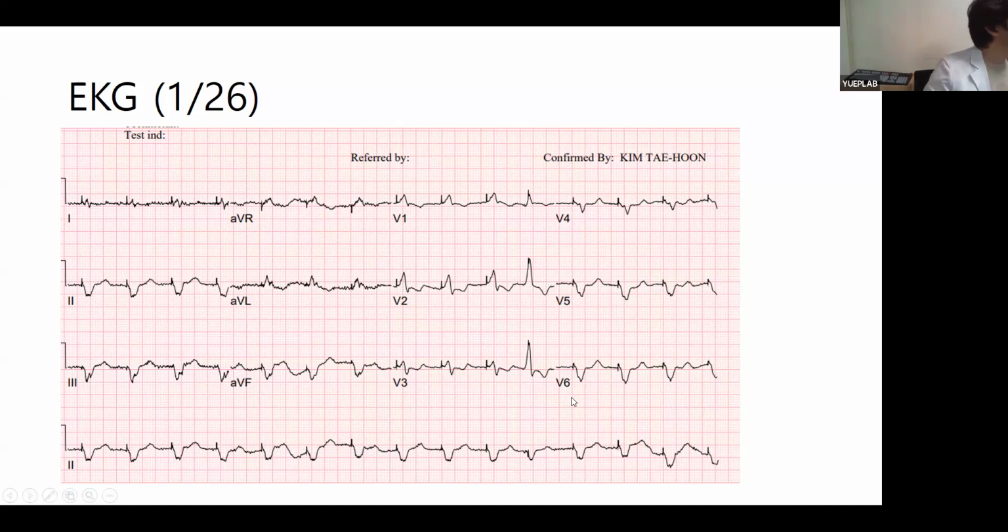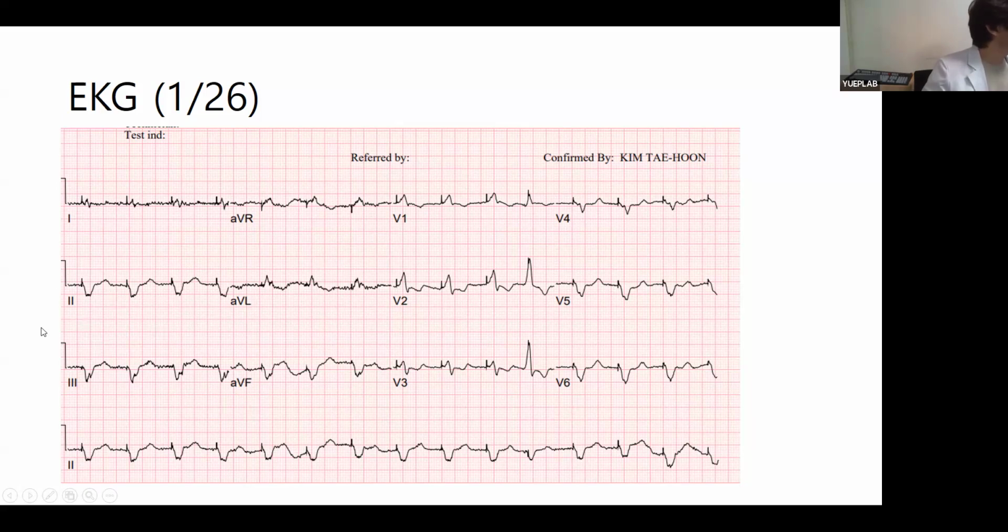So I think it is not that optimal position. I mean, the LV lead is located a little bit inferiorly, because we can see all negative polarity in V2, V3, aVF.